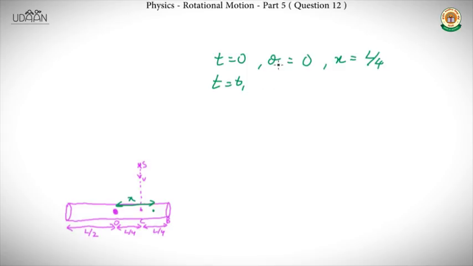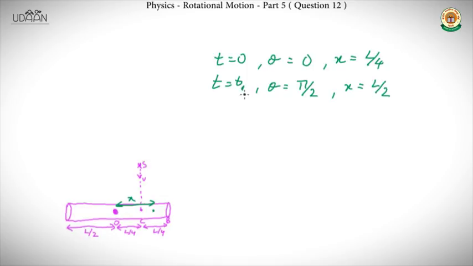Okay. So at time t equal to t1, we get theta equal to pi by 2, right? And x... Theta is the angle with the horizontal. Right. And x equal to, we get L by 2, right?